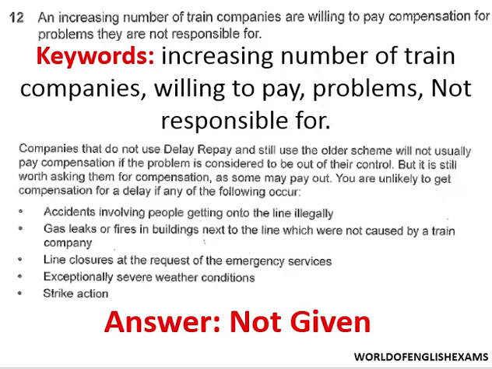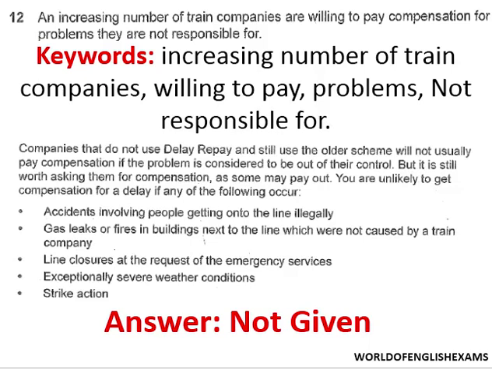That too, this is increasing among the companies, and more companies are adopting this protocol. So here the keywords are increasing number of train companies, willing to pay, problems, not responsible for. So even though they are not responsible, they are coming forward to pay the compensation. I wonder why they would do that, but let's see.